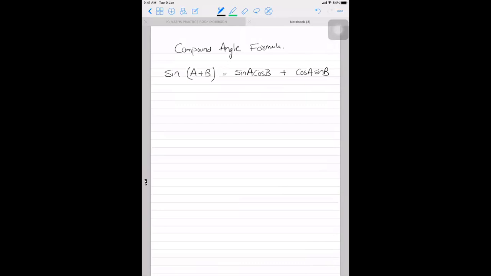Now, if this were A minus B, then the only difference would be sine A cos B minus cos A sine B. Okay, that's the first.